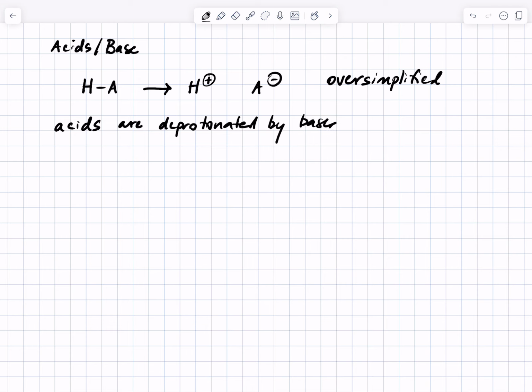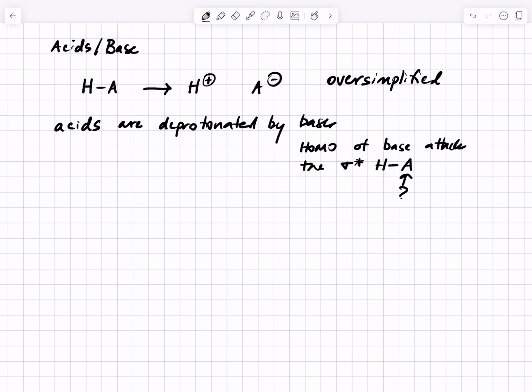And another way of saying that is the HOMO of the base attacks the sigma star of the bond between hydrogen and whatever this is. And we'll talk about what that is. We're just abbreviating in general whatever group the proton is attached to, we're calling it A. All right?